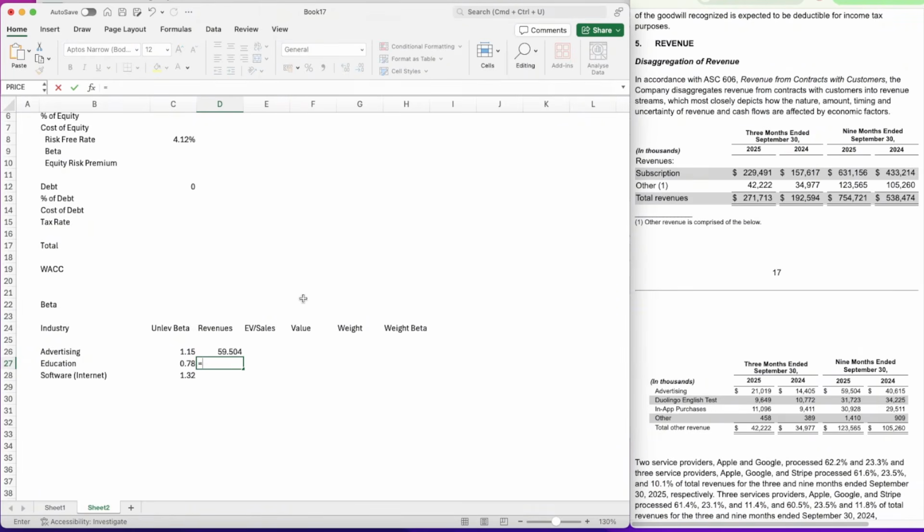I'd say the subscription is education: 631.156 plus 31.723. Then maybe the in-app purchases are software. 4 110.